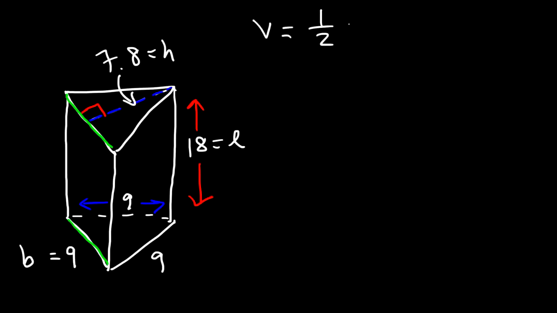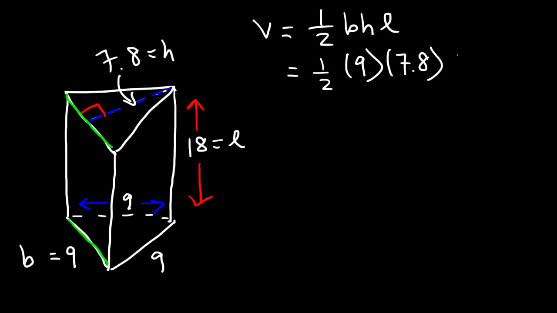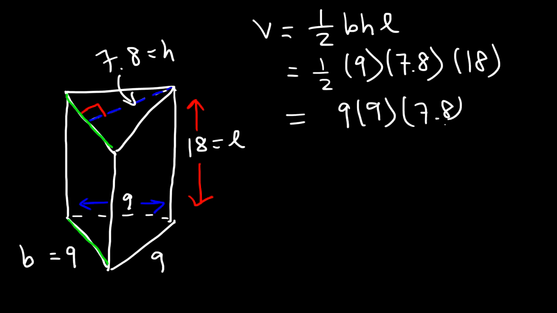It's 1/2 b times h times l. So the base of the triangle is 9, the height of the triangle is 7.8, and the length of the prism is 18. 1/2 of 18 is 9. So we have 9 times 9 times 7.8. 9 times 9 is 81. 81 times 7.8, let's use a calculator for that.